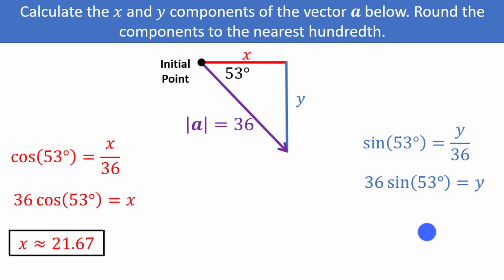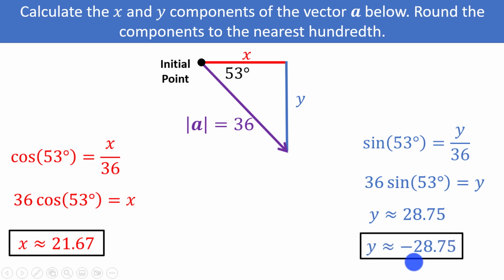If we plug this into our calculator, we get that y is approximately equal to 28.75. Now, if we were referring to y as the component of a vector, and y represents a movement down rather than a movement up, then y should be negative and not positive. So instead of y equaling 28.75, we can let y equal negative 28.75. This is the correct value that we need.